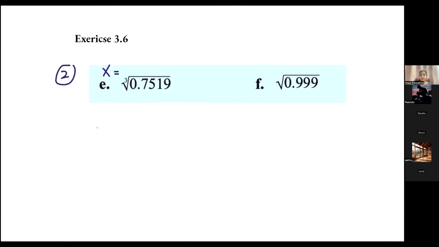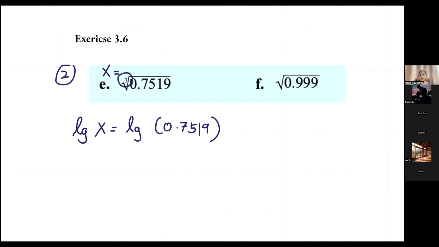So then I convert this to logarithms. Log x equals log of the cubic root of 0.7519. We know if there is anything in the radical sign, it's a cubic root, no?